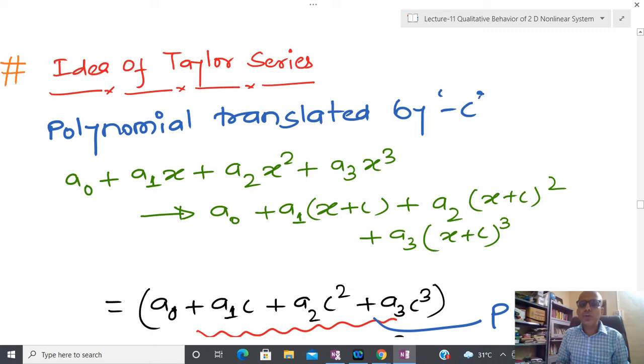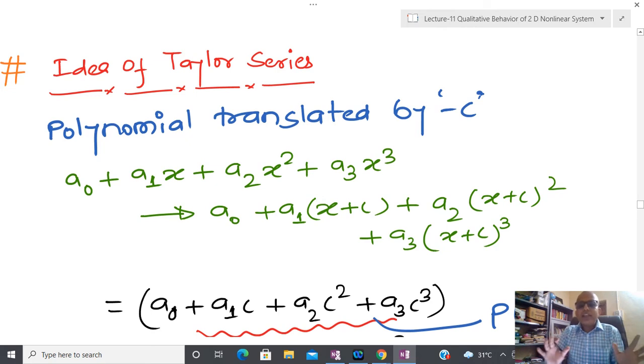Particularly, it is possible to show that if you have some kind of nonlinear system, and the right hand side of the nonlinear differential equation has a certain property, then about some point, particularly an equilibrium point, and I will tell you the reason to take the equilibrium point, I can approximate the nonlinear system like some kind of linear system. And we know how to define nodal points, saddle points, centers in the case of a linear system. So I am going to use that theory, but the main idea you have to understand is how that approximation comes into the picture.